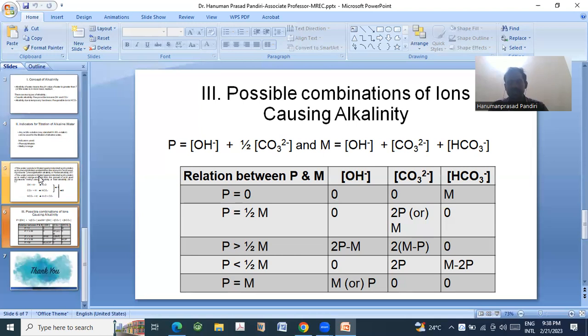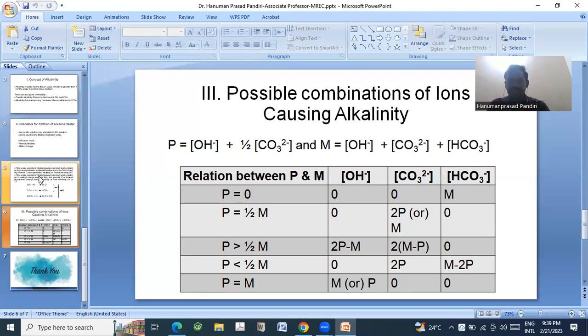And now there may be another possibility in the titration, P equal to M. This relation is valid only when carbonate concentration as well as bicarbonate concentrations are 0. Let's substitute these two as 0 in P and M. So P will become OH minus concentration because carbonate concentration is 0.